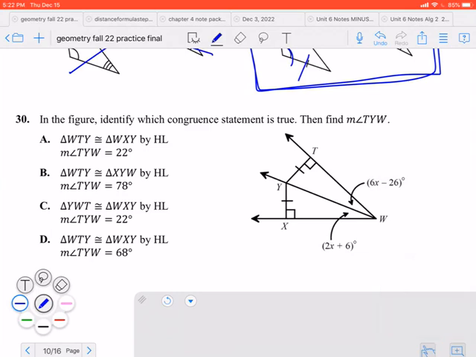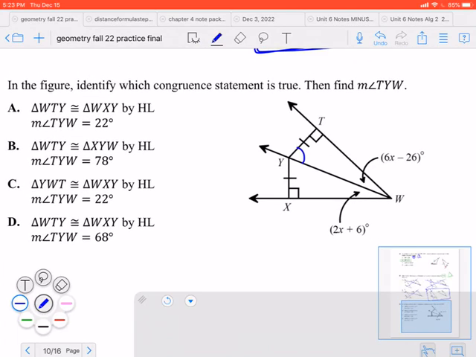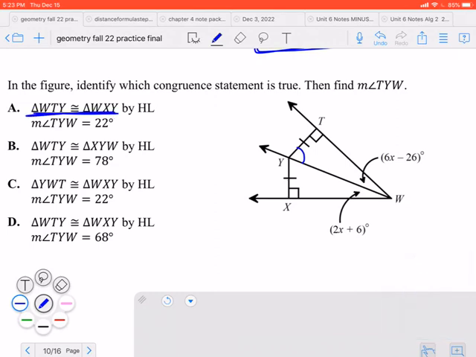In the figure, identify which congruent statement is true. Then find the measure of angle TYW. TYW is that guy. Okay, so we have to say which triangles, what's the order of the letters.